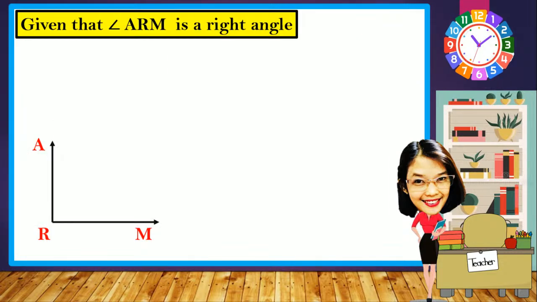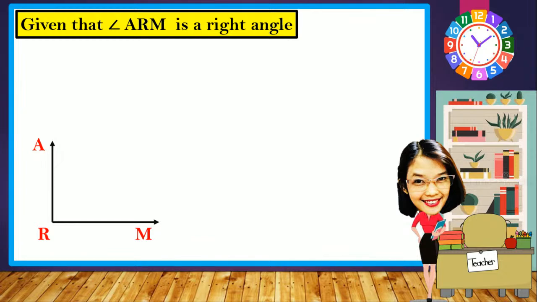Given that angle ARM is a right angle, from what we have studied before, what is the measure of a right angle? Type your answers. Can you hear me loud and clear?